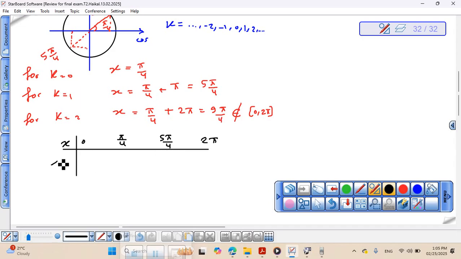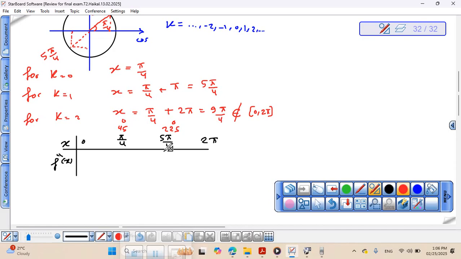This is f double prime of x, to check where the function is concave up and where it is concave down. Pi over 4 is 45 degrees, and 5 pi over 4 is 225 degrees.